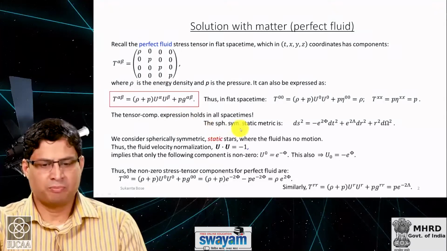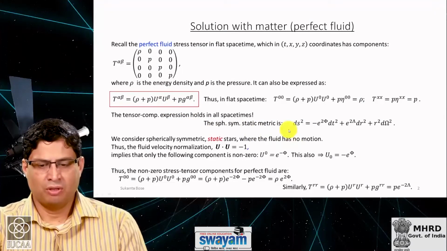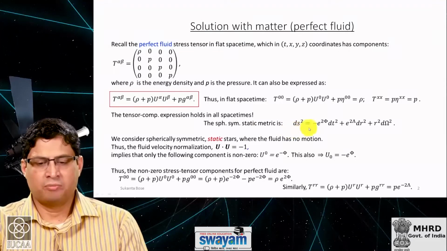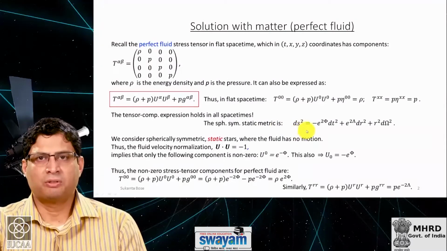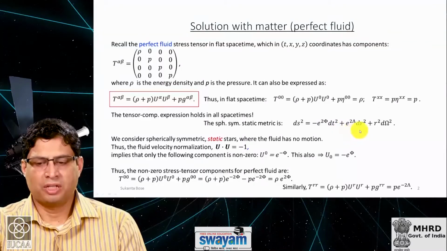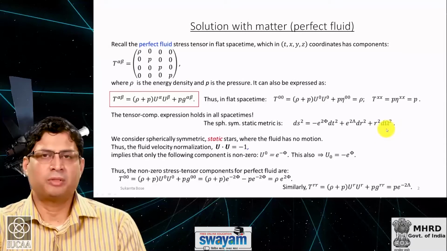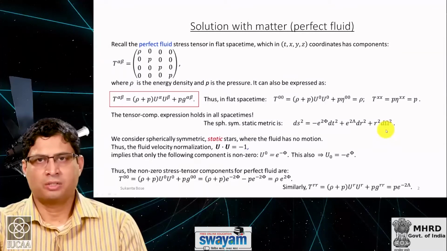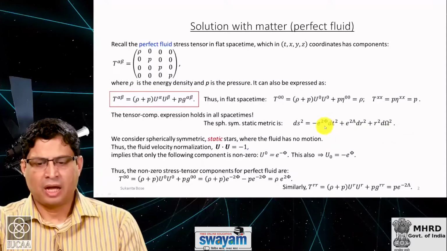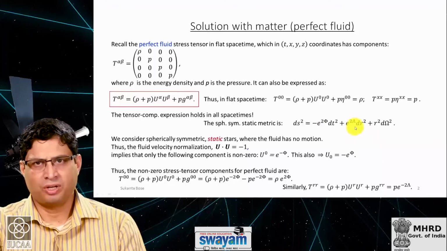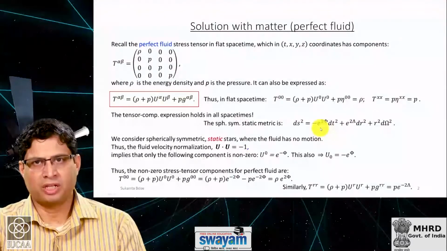So, let us pick up one such metric, something you saw in the lectures here, namely the spherically symmetric static metric with line element ds squared equal to negative e to the 2 phi dt squared plus e to the 2 lambda dr squared plus r squared d omega squared, where d omega squared is the line element on a unit radius 2 sphere, or just unit 2 sphere, or S2. I have kept phi and lambda general so far, but they are functions of the radial coordinate for static spacetimes.